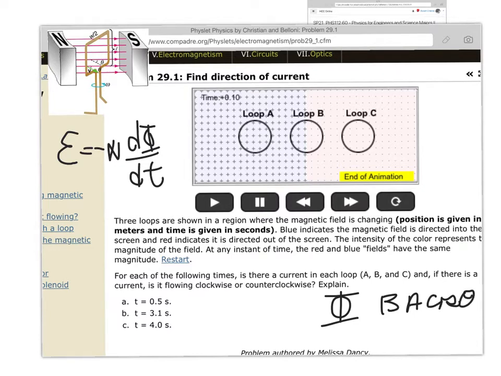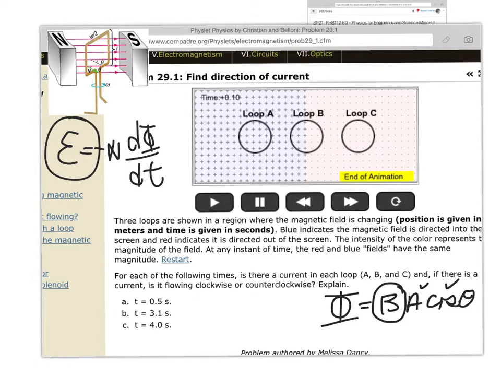So in this case, the area of every loop is the same, and the direction of the field switches, but since it's all in one direction, we can think of that as a change from positive to negative. So what's changing in this case is the field. And as long as the field is changing, there will be an induced EMF.